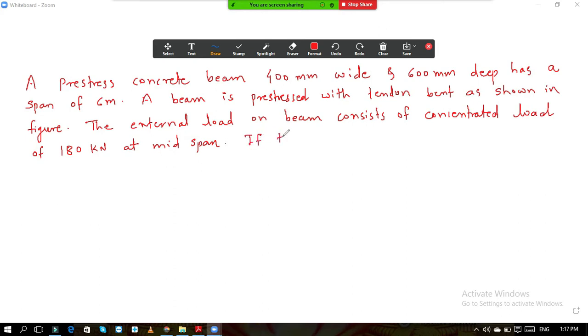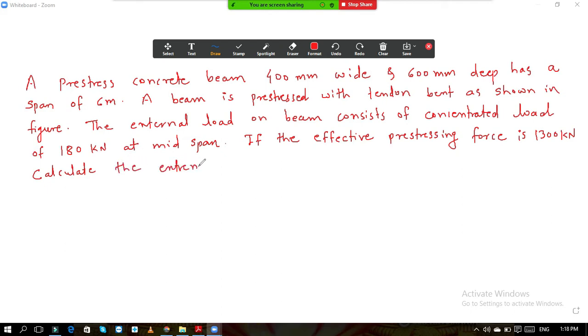If the effective prestressing force is 1300 kilonewton, calculate the extreme stresses for the midspan section of the beam.